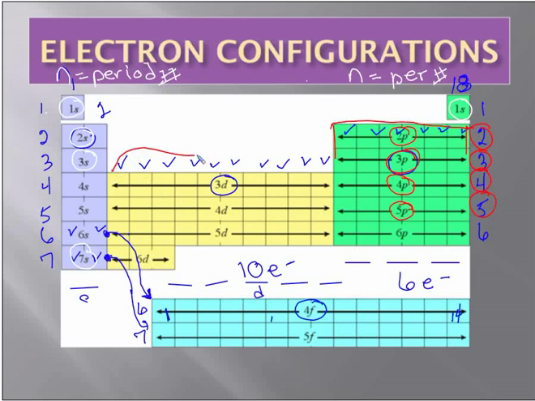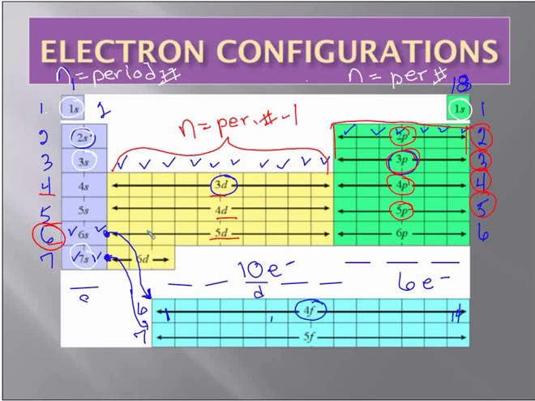Right? Now, look what happens when we get to the d block here. If you notice a link, we've got period 4 and 3d, period 5 and 4d, period 6. I hope your mind is grasping that pattern right now. We'll see that n is equal to our period number minus 1.